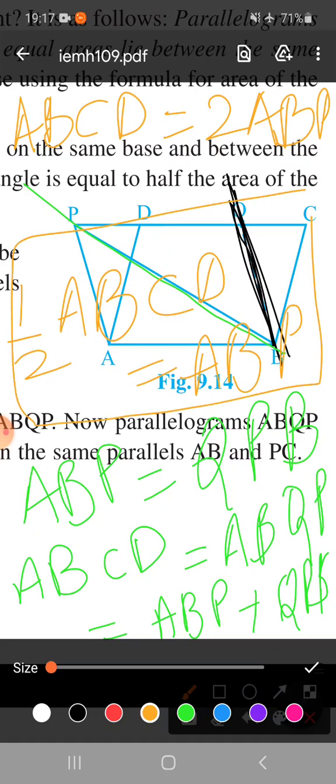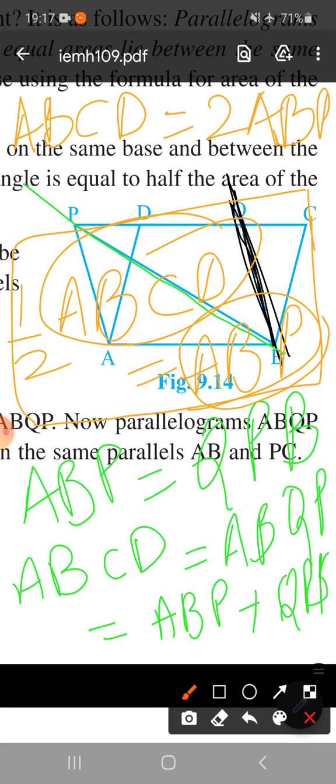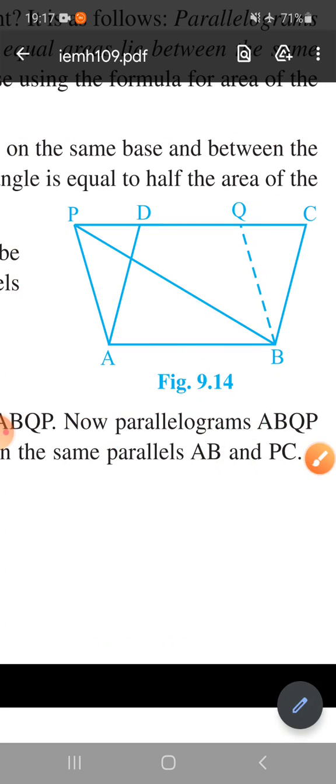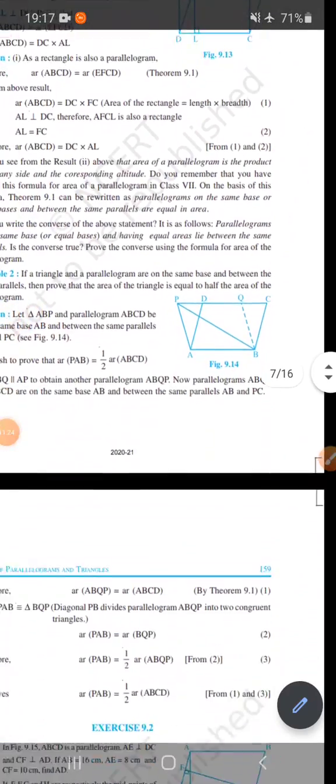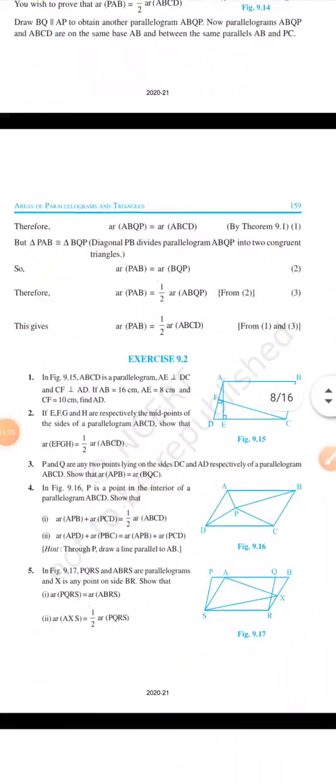This is what we wanted to prove: if a triangle and a parallelogram lie on the same base and between the same two parallels, then the area of the triangle, that is triangle ABP, will be half of the area of parallelogram ABCD. Right, so this was again an easy proof.